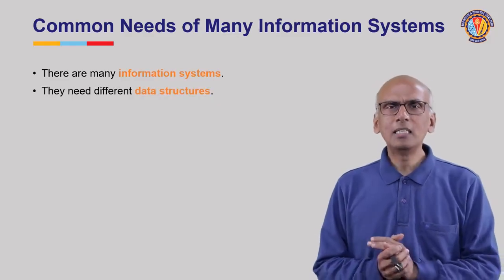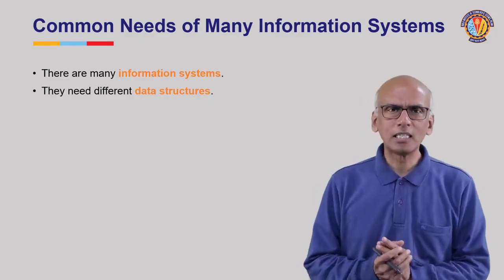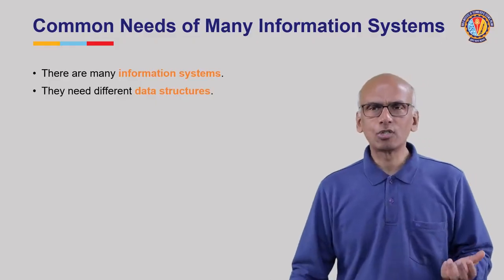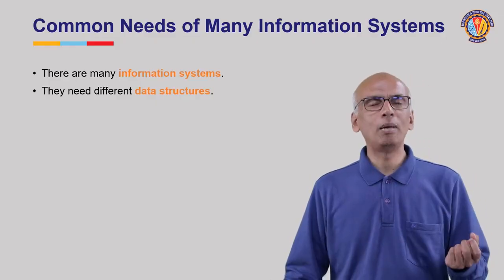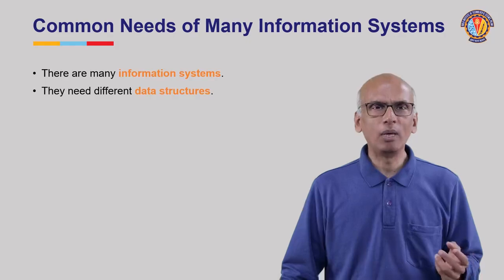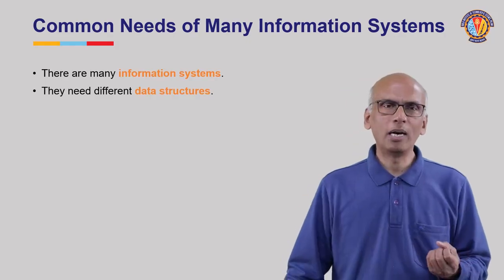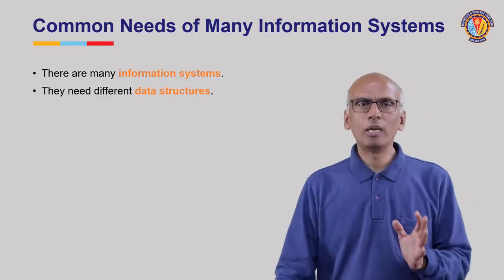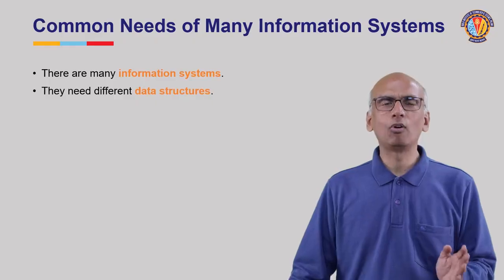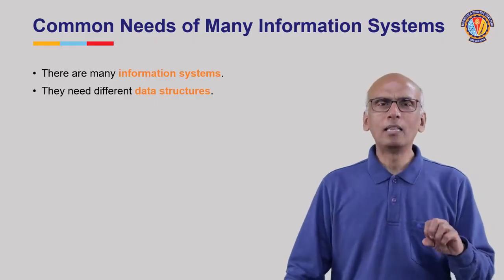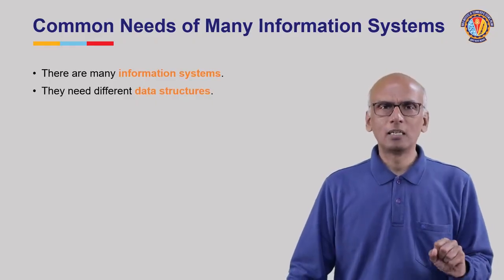And then these information systems are processing the data. For example, when it comes to a bank, you may be issuing a check, or doing a funds transfer, deposits, or withdrawals. In all these cases, the data is going to be affected, but the processing logic is different.